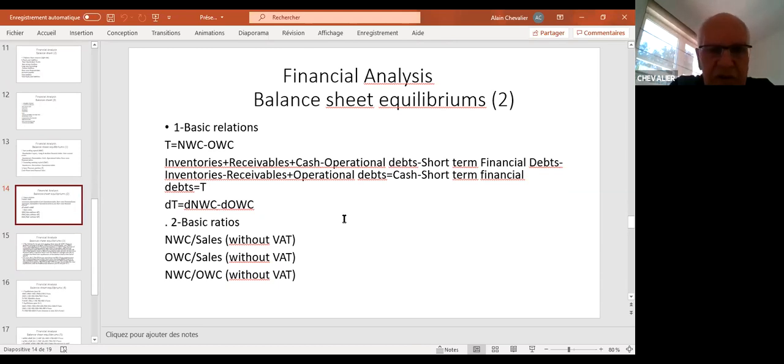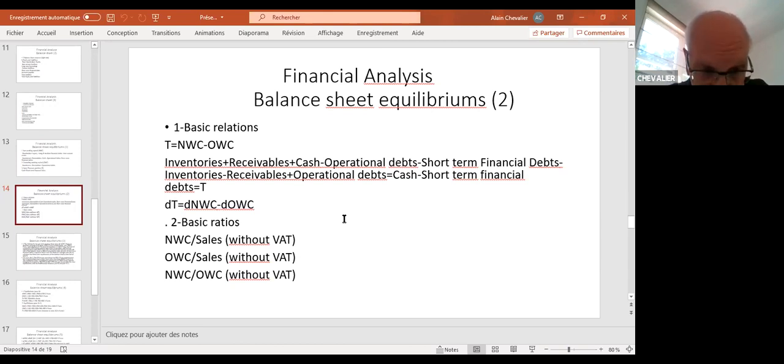We can demonstrate that it's just an arithmetic calculation. It's very easy, but it is static, and we can bring a kind of dynamic dimension. It means the modification of the treasury position between one year and the preceding year is equal to the modification in the net working capital between these two years minus the modification in the operating working capital.